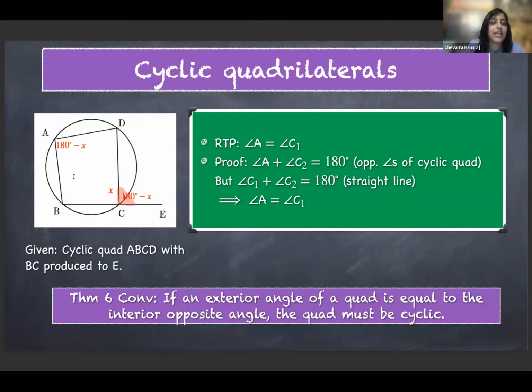So if we say that angle C1 is X, then because there's a straight line there, you'd have 180 degrees minus X being that. And that would mean that A, which is the interior opposite angle, will also have that same value. And it also has a converse, right? If an exterior angle of a quad is equal to the interior opposite angle, then the quad must be cyclic. So we've got a back and forth there.